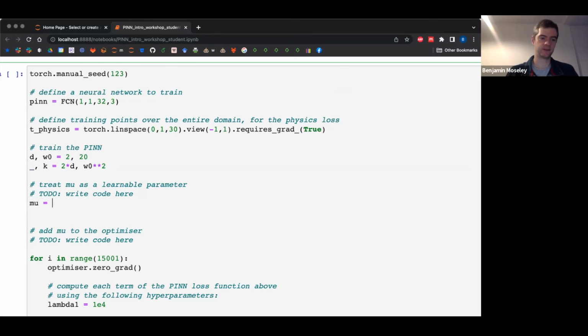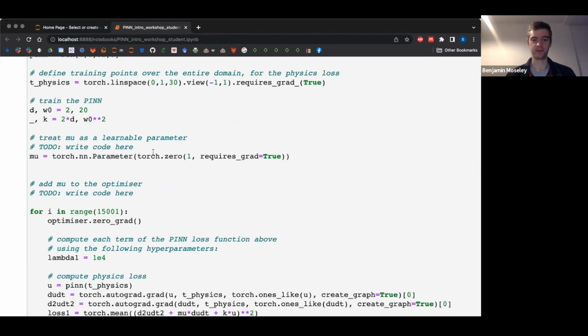One way is to go into the neural network library and define a parameter here. We initialize it to be 0, and we make sure that it requires grad so that we can train it, as I was describing before. This is basically a tensor wrapped around the parameter so that the optimizer can use it behind the scenes.